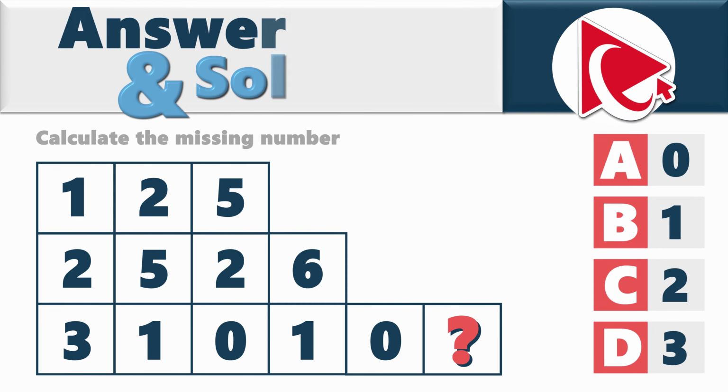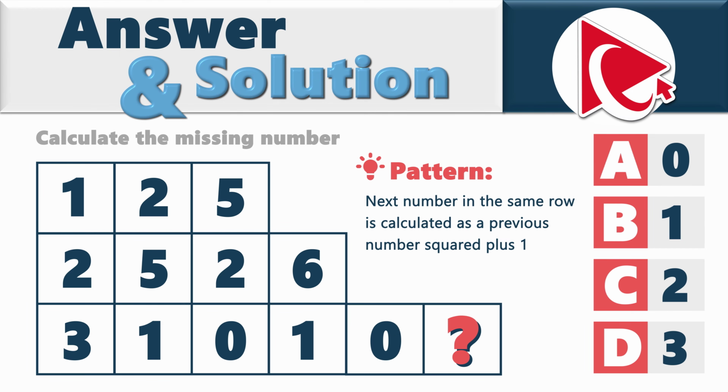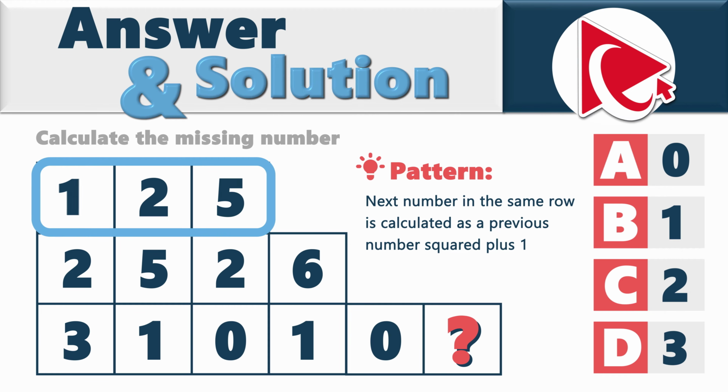You might be surprised, but there is a pattern, and there are calculations that describe how each number in each row is calculated. In fact, the pattern here is that the next number in the same row is calculated as a previous number squared plus 1. Let's look at the example. For the first row, the calculations would be 1 squared plus 1 equals 2. 2 squared plus 1 equals 5.